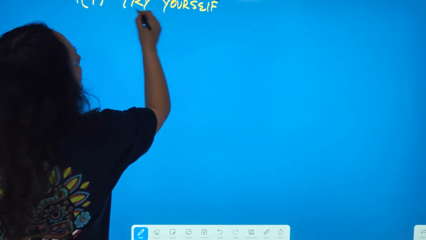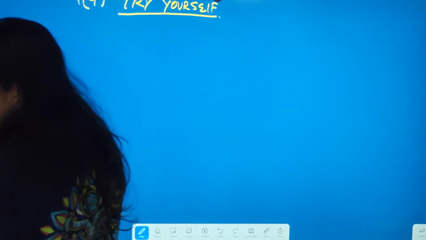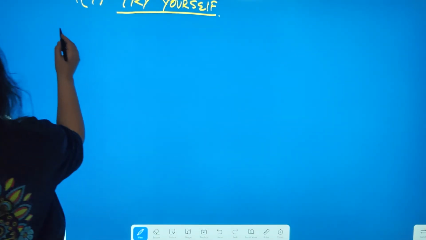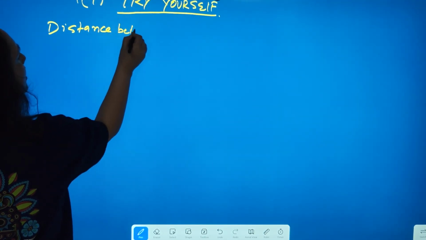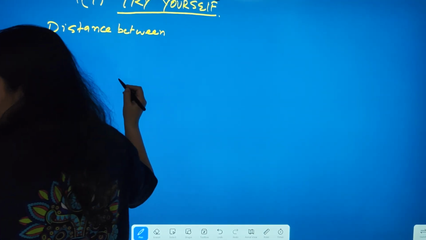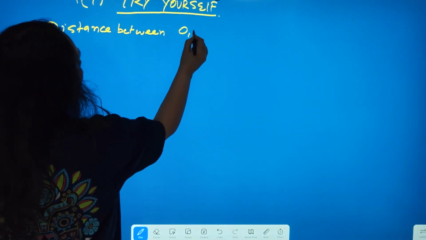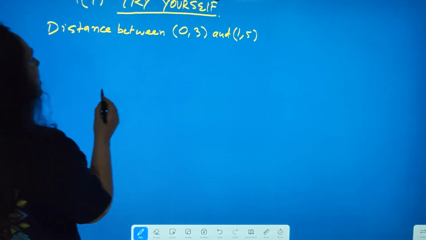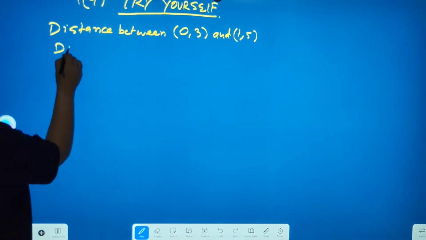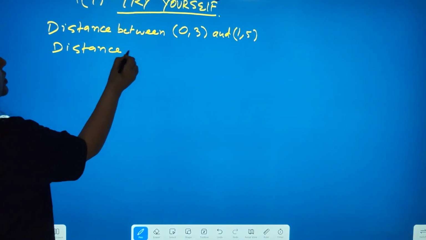In this you need to find the distance between 0, 3 and 1, 5. Now the same formula you need to apply here, the distance formula.